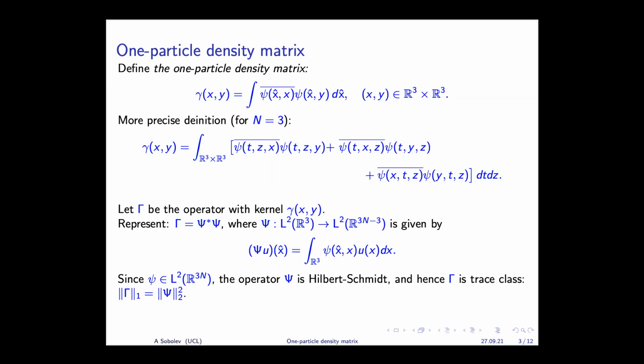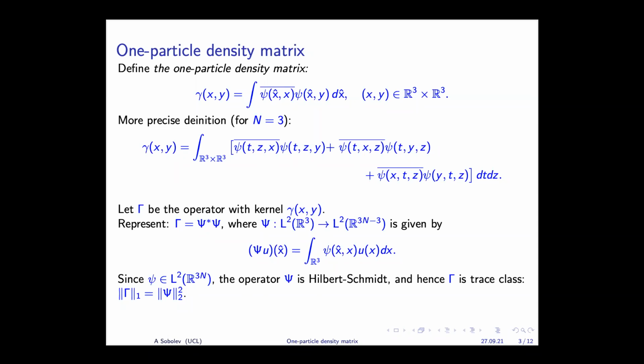And this one operator will be the operator with the kernel psi(x-hat, x). So this will be an operator from L2 on R3, as it is written here, into L2 on a much higher dimensional space, R to the 3N minus 3, if we have many particles. So here is the explicit definition of this operator.